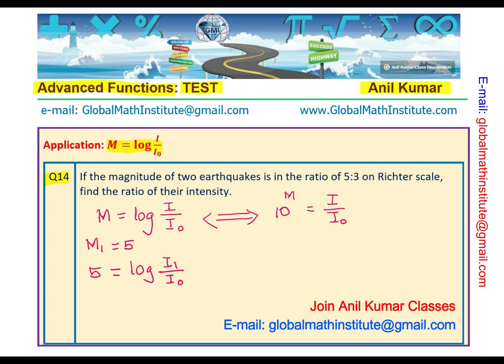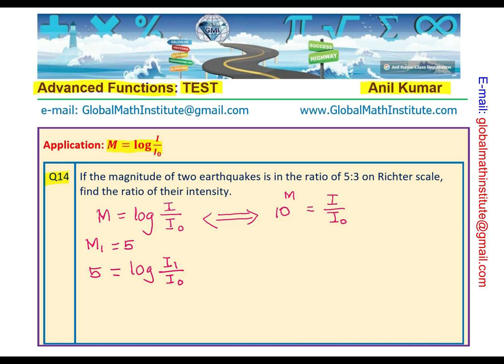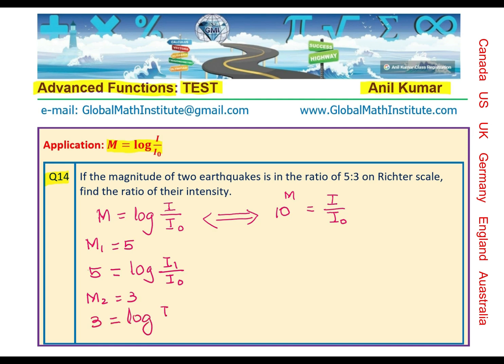And the magnitude of the second one is 3, so we can write this as 3 equals log of I2 over I0. Correct. So working with logarithmic form, you can write like this.